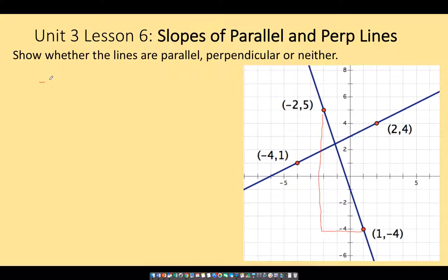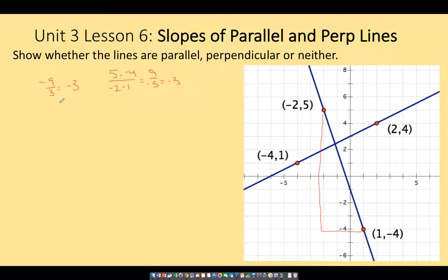So down 9 over 3, which would be -3. But if I wanted to use my formula, I could certainly do that. Y minus y, so 5 minus -4 over negative 2 minus 1, which gets me 9 over negative 3, which is still negative 3. So you can use the slope formula. You can count if you need to.